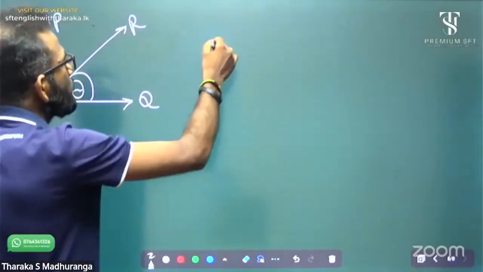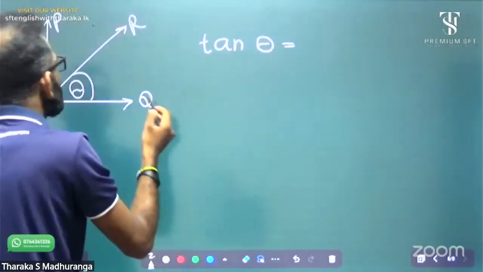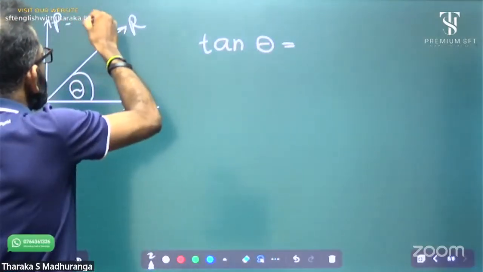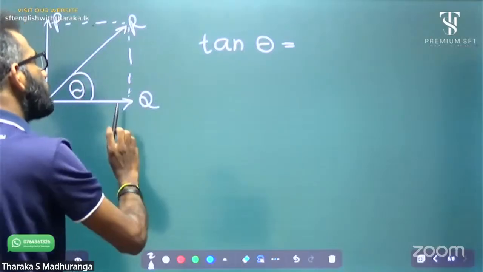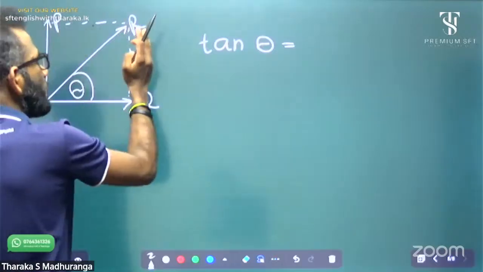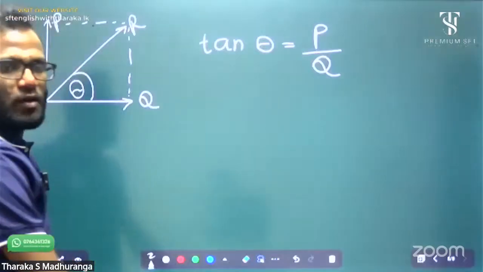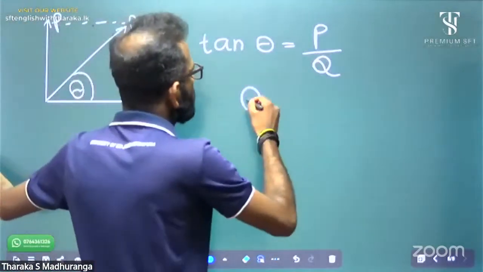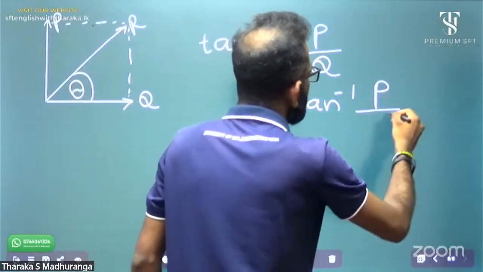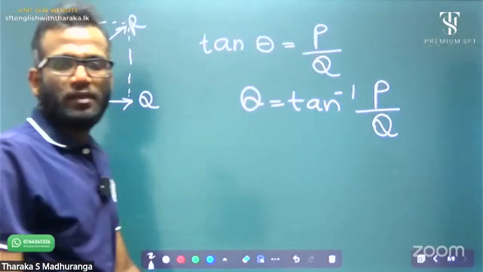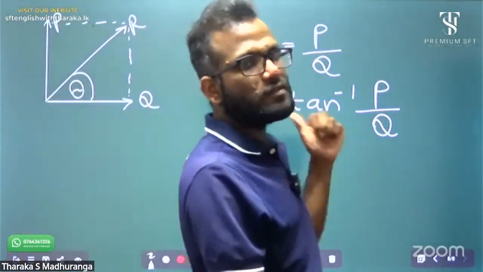Do you remember this equation? I got tan theta equals. I told you that you can consider this force system as a rectangle. Then opposite over adjacent. The opposite side is P, right? P over Q. Then theta equals tan inverse of P over Q, right? Tan inverse P over Q. Now this is the method.